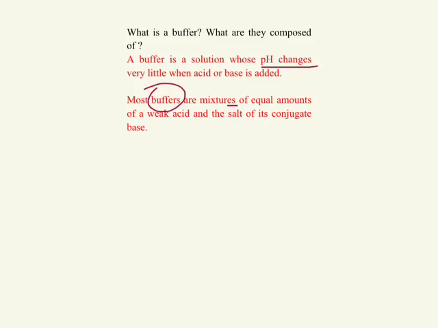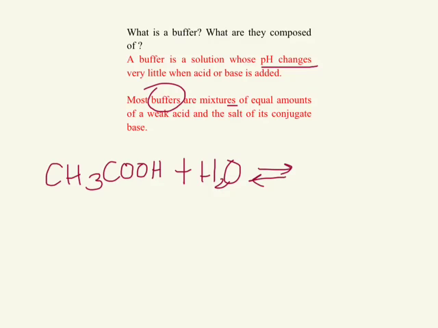For example, this is a weak acid. When you dissolve it in water, it forms A minus plus H3O plus here.